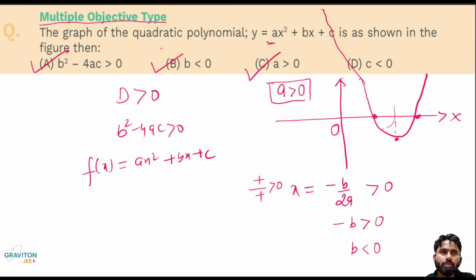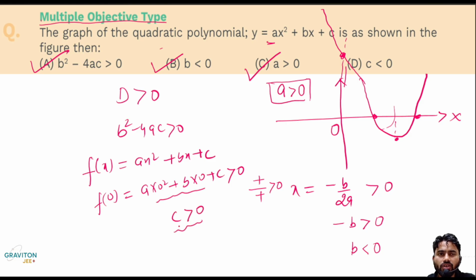This will go up like this, and at 0, if we take the function value, it will attain something here, and here y is positive. So calculate the value of f at 0. So f at 0 is a times 0 square plus b into 0 plus c. That should be positive, so this term c is greater than 0. So this gives you that c should always be positive. But in option D, c is negative, so this option is not correct.